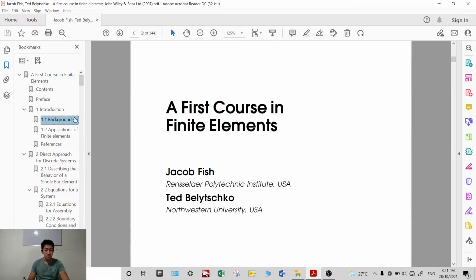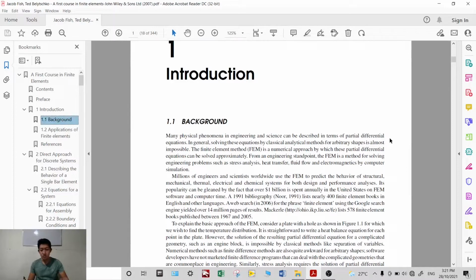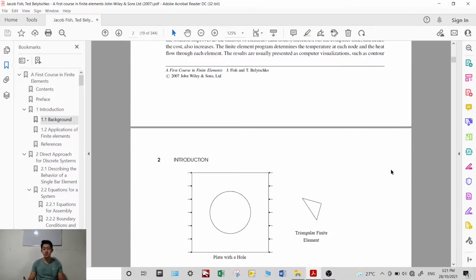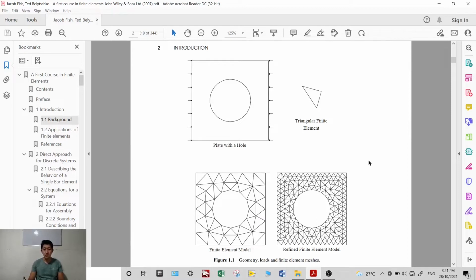Okay, so for the introduction, finite elements is used in various fields. The basic concept is that if you have an object, you divide this object into elements and solve the values at the nodes.